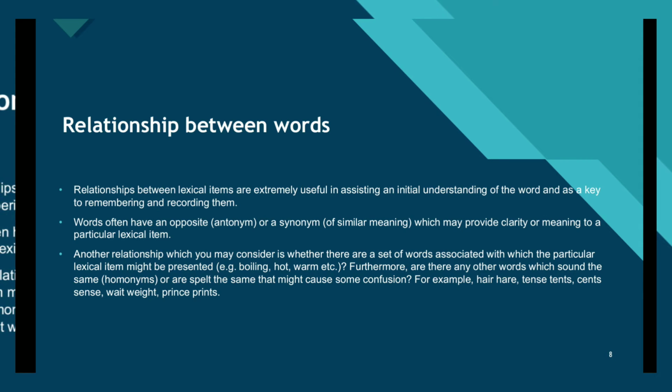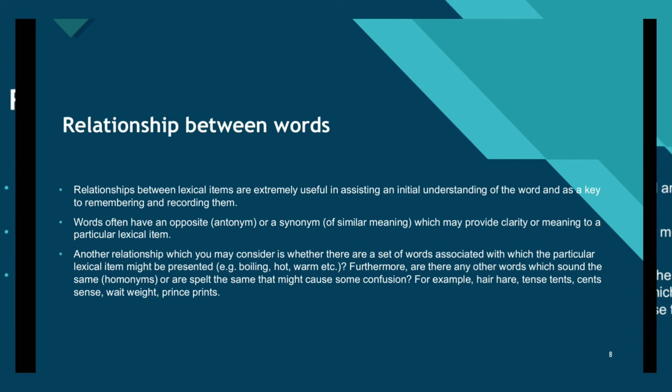The meaning of a word is often clearest when it is seen in relation to other words. A word may, for example, typically occur with other words, for example, depend on. Words often have an opposite, or antonym, or a synonym of similar meaning, which may provide clarity or meaning to a particular lexical item.